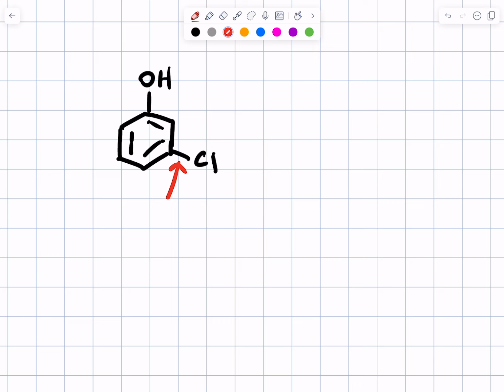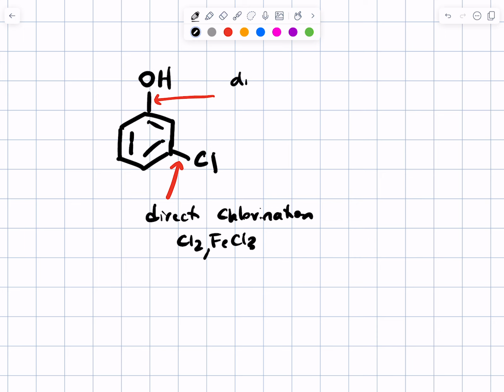One approach for the chloro would be the direct chlorination reaction that we learned in chapter 20 with Cl2 and FeCl3. The OH, we're going to have to use the whole, what I'm going to call, make the diazonium salt first, and then do the SNAR reaction with OH minus as the nucleophile.